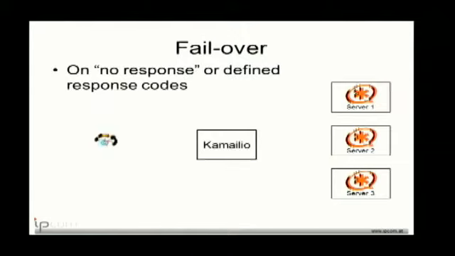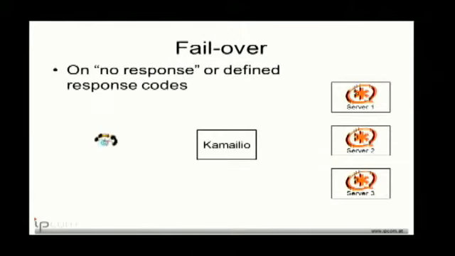For example, there's a user who has a really old AGI script which needs an old Asterisk version. Then you just configure your Kamailio so that only this single user gets routed to a really old Asterisk version, and all the others get routed to the new Asterisk version. So there are lots of different algorithms available for what you can do in Kamailio.